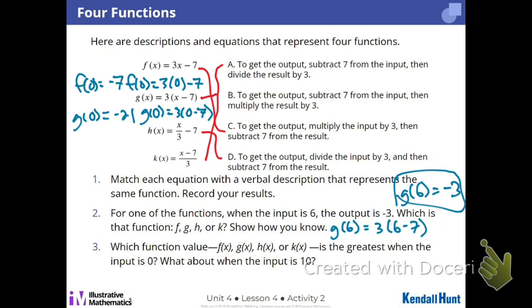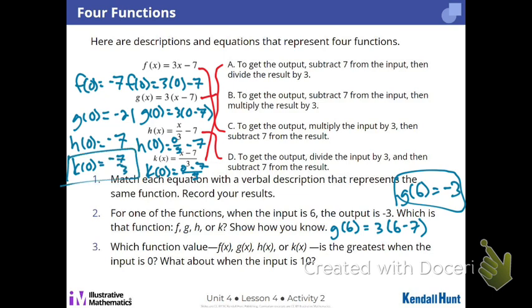Oh, F of 0 is still the biggest. You guys following? H of 0 is 0 divided by 3 minus 7. Negative 7. Okay, we're tied with F. Let's see K of 0. 0 minus 7 over 3. K of 0 is negative 7/3. Winner, winner, chicken dinner. Negative 2 1/3 is the largest, even though it's negative.